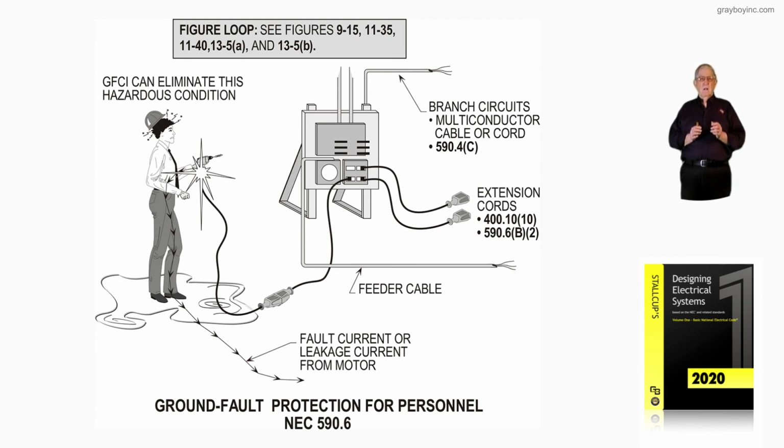But now we have GFCIs available that will check themselves. You just have to believe the manufacturer's instructions that they will check themselves. Now, many times we will find facilities, they will not check all these GFCIs until they use them. They'll go in and check them as they use them, if that be the case.